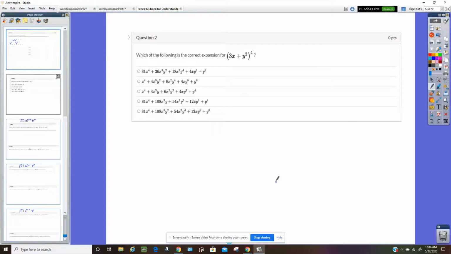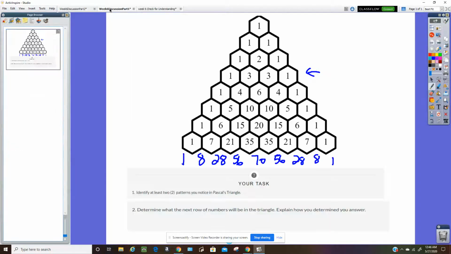And then question 2: which of the following is the correct expansion for (3x plus y squared) to the 4th power? Well, if you want to do something to the 4th power, you look at Pascal's triangle. If I'm doing something to the 4th power, I'm looking at row 4, starting with 0.